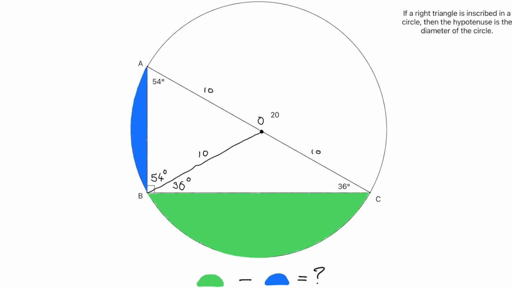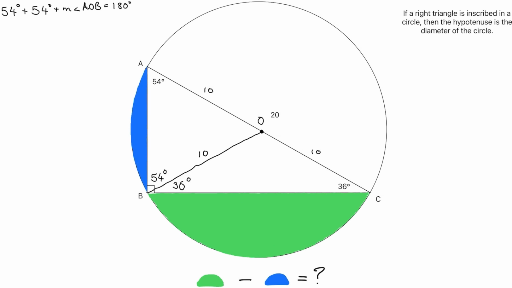Right. Now let's try to find angles AOB and COB. How can we do that? Well, we know that the sum of the angles in a triangle is 180 degrees. So if we take triangle OAB, we can say that 54 plus 54 plus the measure of angle AOB equals 180 degrees.